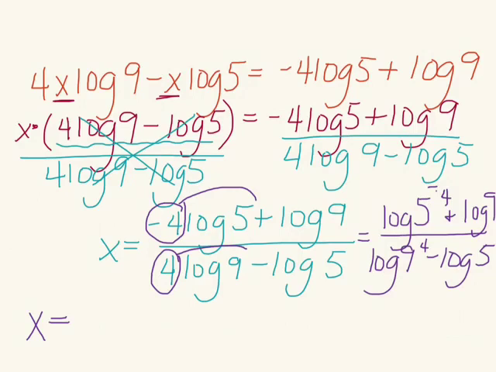5 to the -4th, if you put that in your calculator, you get 1 over 625. On the bottom, you have log of 9 to the 4th. 9 to the 4th is 6,561.